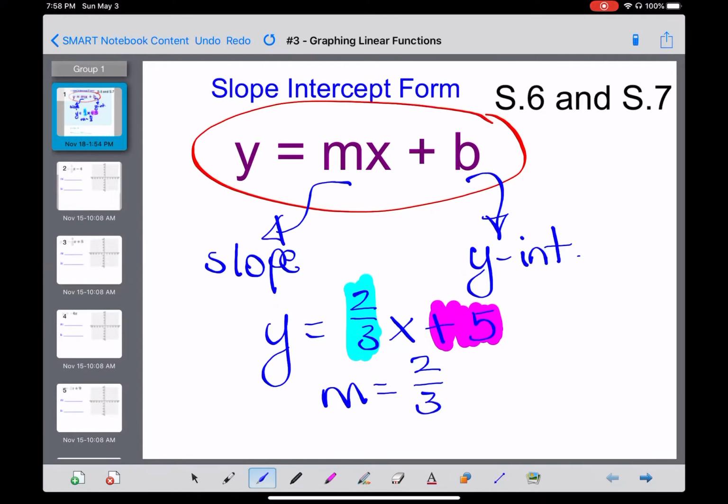So in this case, my y-intercept was 5. Okay, so that was S6. That was very, very basic.